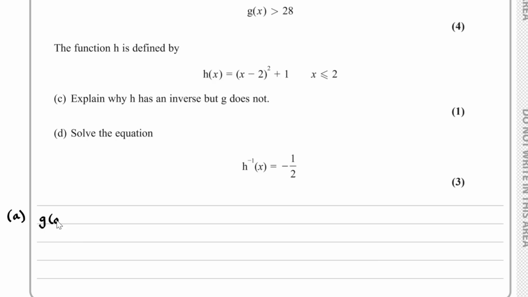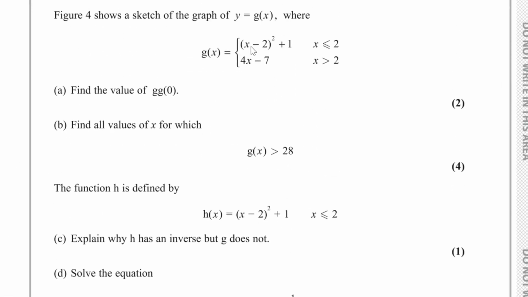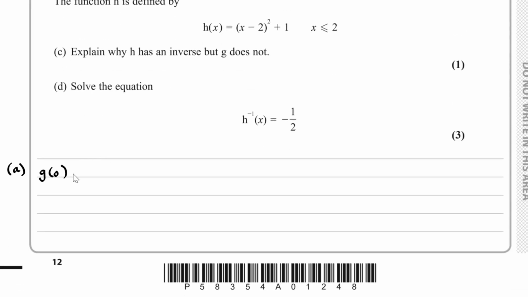G of 0, well 0 is less than or equal to 2. So we use the function x minus 2 all squared plus 1. So we have 0 minus 2 all squared plus 1, which is 5. So now we need to work out g of 5.